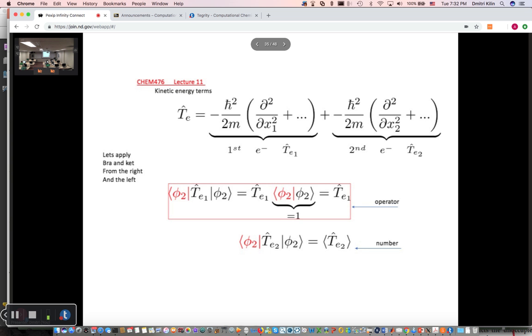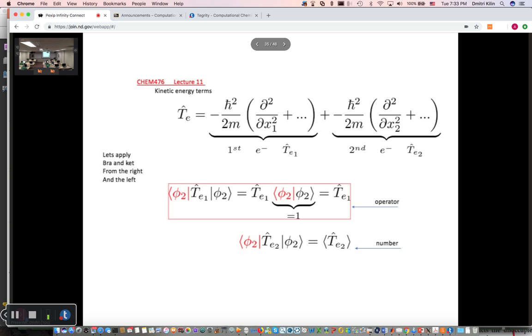So we put it out of the bra-ket. And then we see that the phi2 and phi2 bra-ket are orthogonal and they give 1. So if we perform the procedure of averaging over the second electron for the kinetic energy of the first electron, it doesn't change. So you see, it equals T sub E1, right?